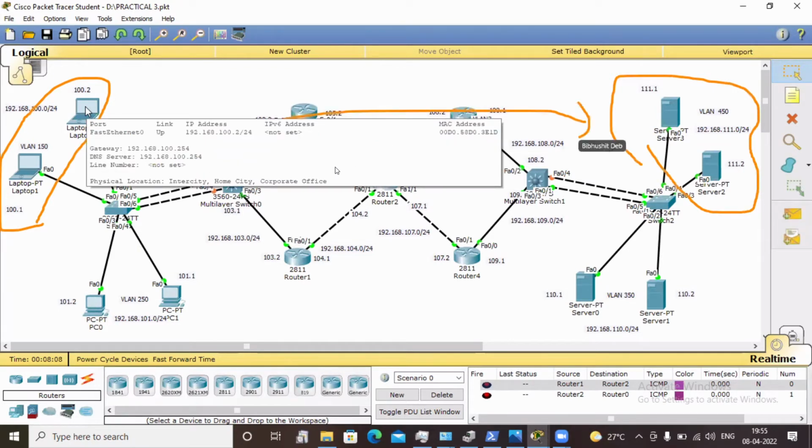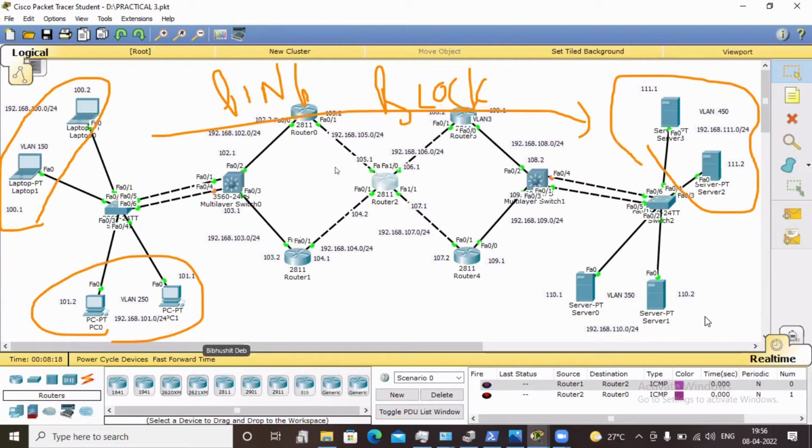So ping should be blocked. Okay, sir. Traffic to these two machines should be blocked.